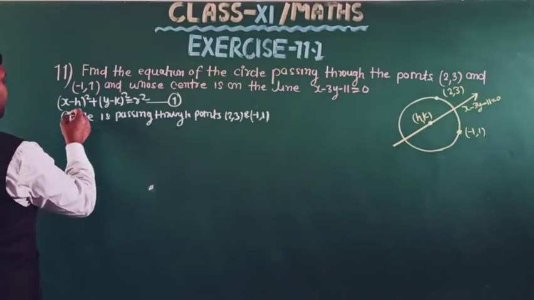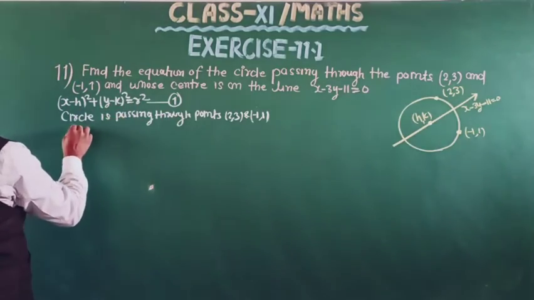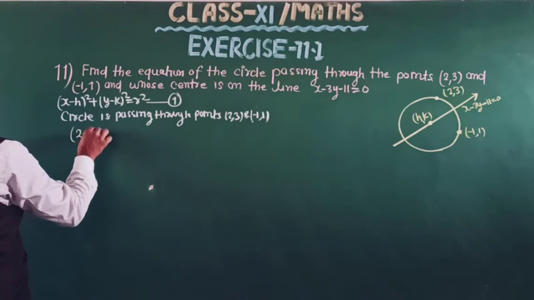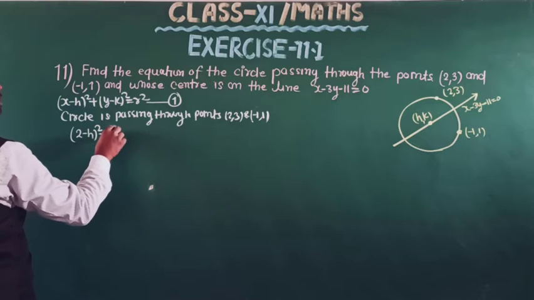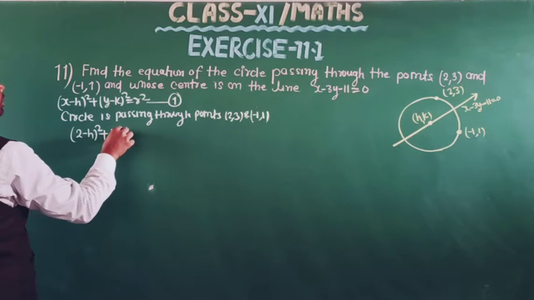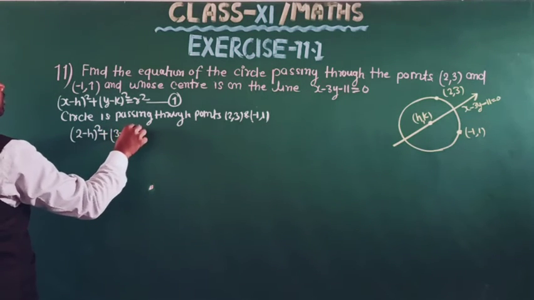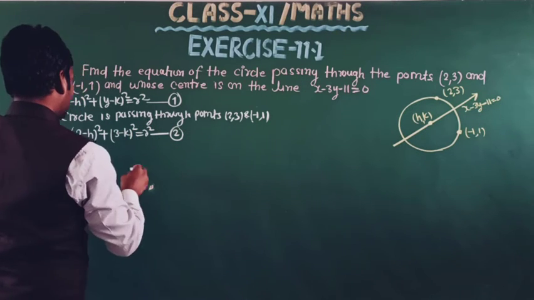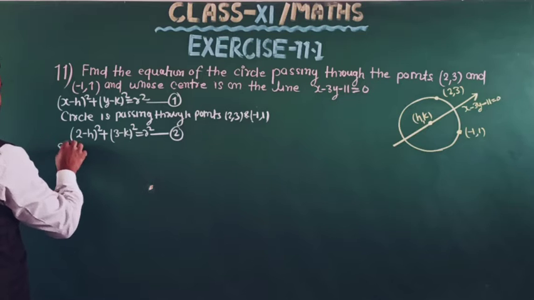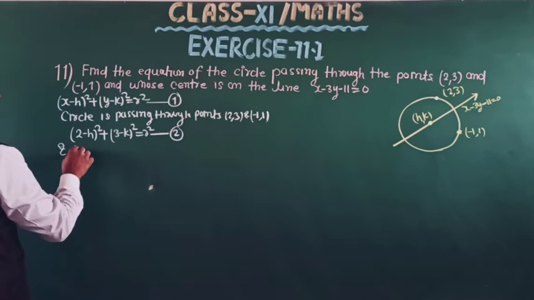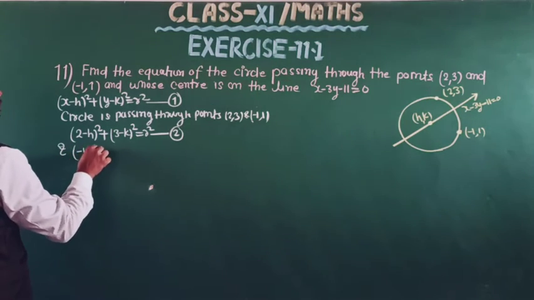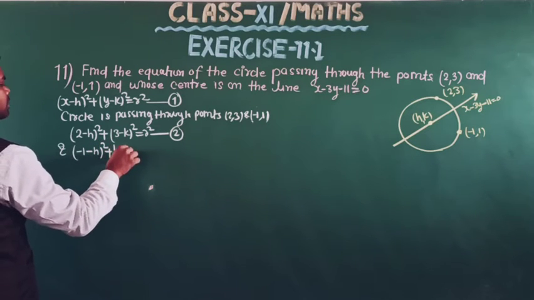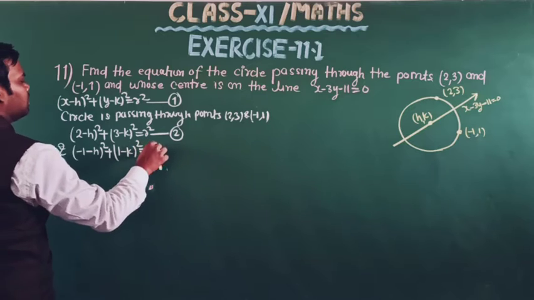This means the equation will become (2 minus h) whole square plus (3 minus k) whole square equal to r square. Say this is equation 2, and the other equation is (-1 minus h) whole square plus (1 minus k) whole square equal to r square.